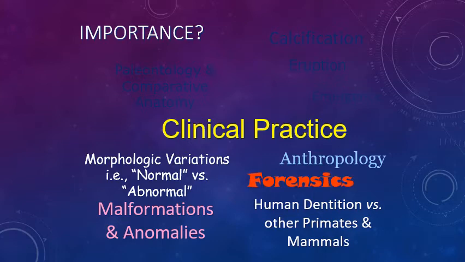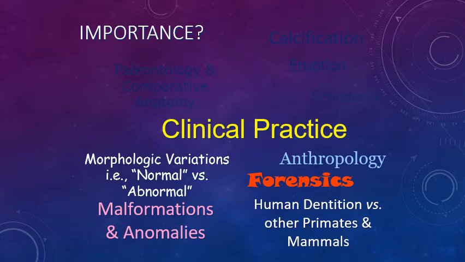Another clinical importance of eruption patterns is forensics, and by forensic I mean forensic odontology or forensic dentistry. In forensic dentistry, it is used for identification of the person, and the second thing is age estimation through the eruption patterns.